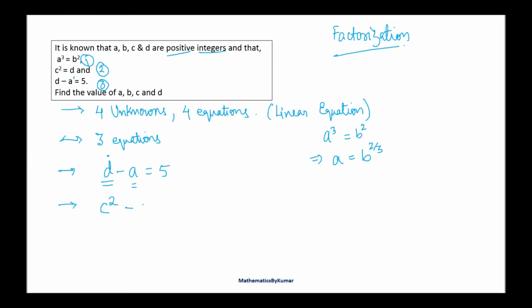So this is C square minus B to the power 2 over 3, which is equal to 5. Now this is where the first technique has to be applied. I can see that this is C whole square minus B to the power 1 by 3 whole square, equal to 5.